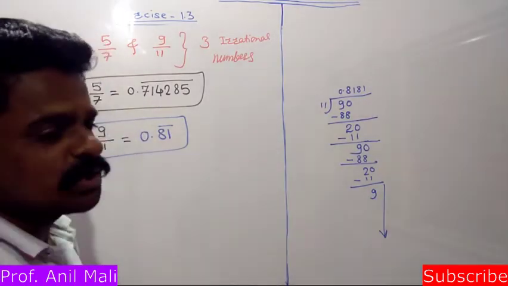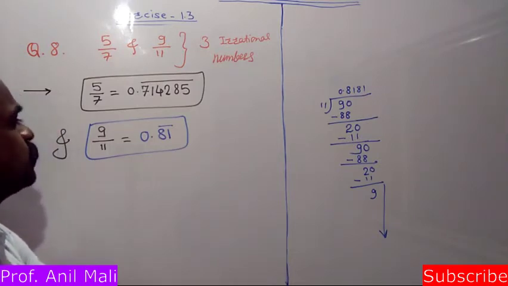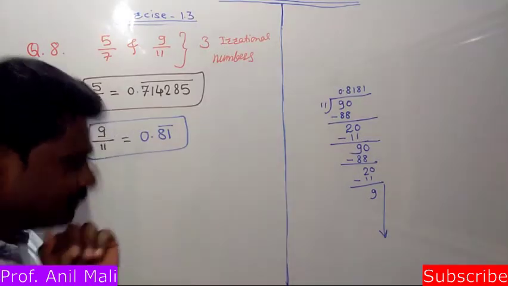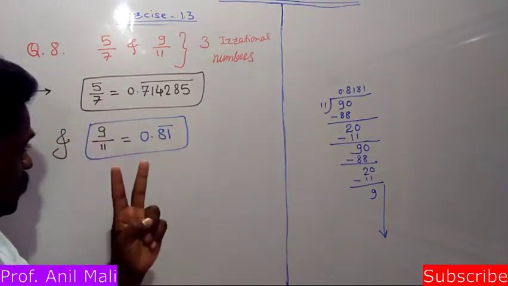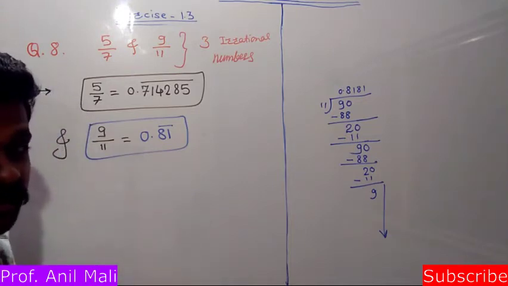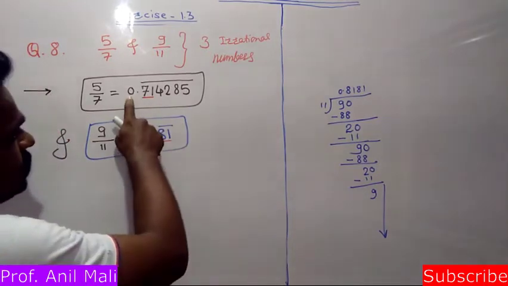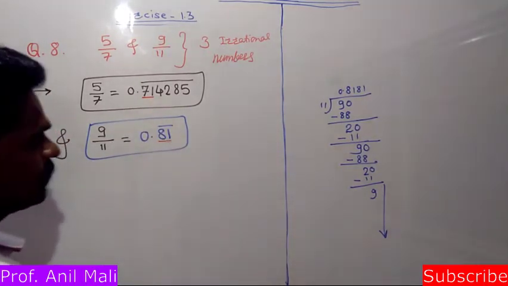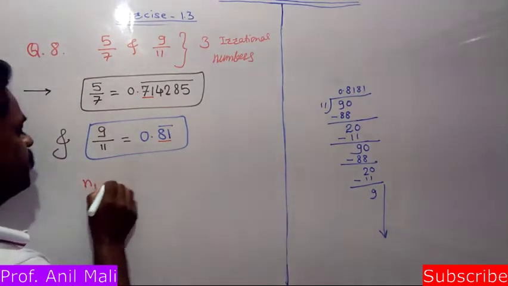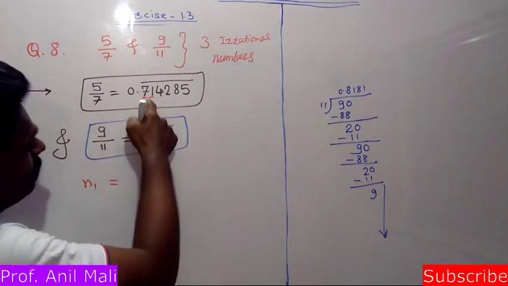Now students, we need to find three irrational numbers between these two rational numbers. For that purpose, we just need to consider 2 digits after the decimal point in each number. So 71 and 81. You will consider 0.71 and 0.81. Now the first irrational number, n1, you can write any number in between these two.